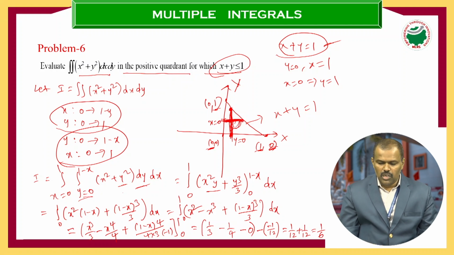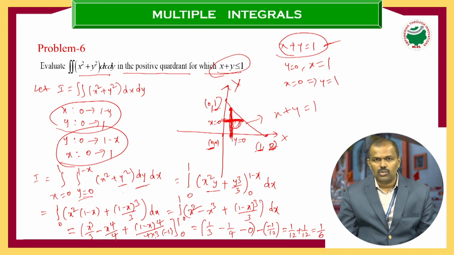So that is minus 1 by 12. So already here 1 by 3 minus 1 by 4, when I take 12 as LCM, 3 in 12 4 times, minus 4 in 12 3 times. 4 minus 3, 1 by 12. So already here minus is there, minus minus plus 1 by 12. 1 by 12 plus 1 by 12, 2 by 12. 2 by 12 means 1 by 6. That is the answer.